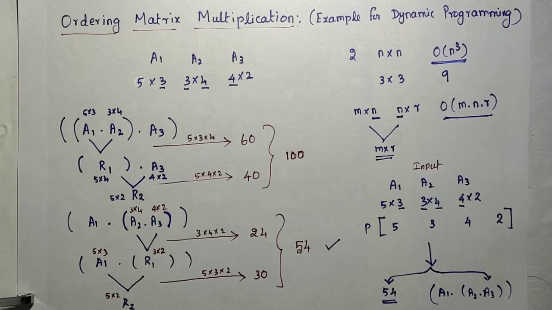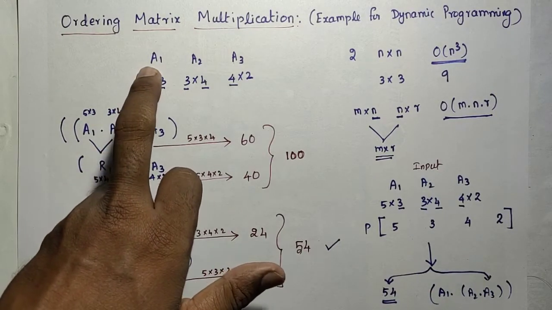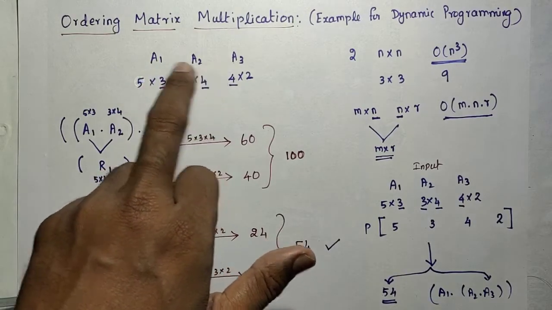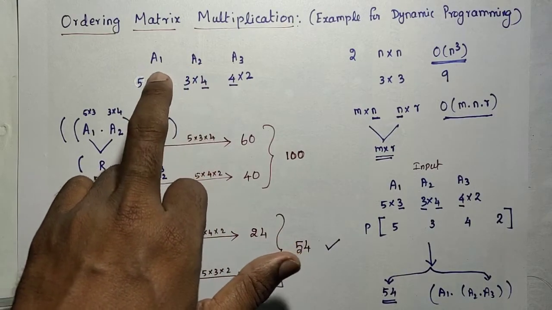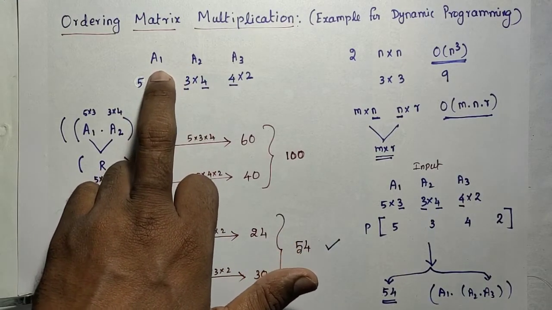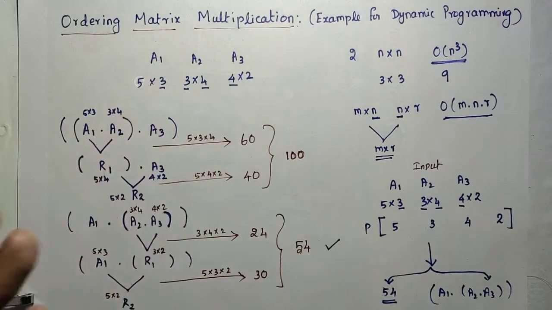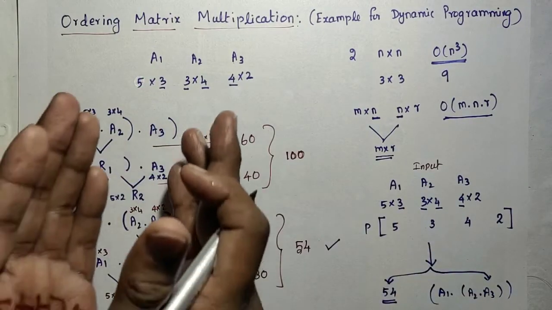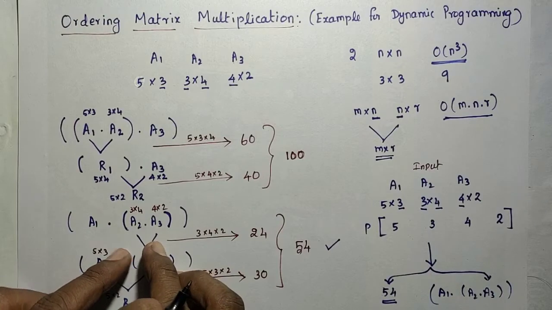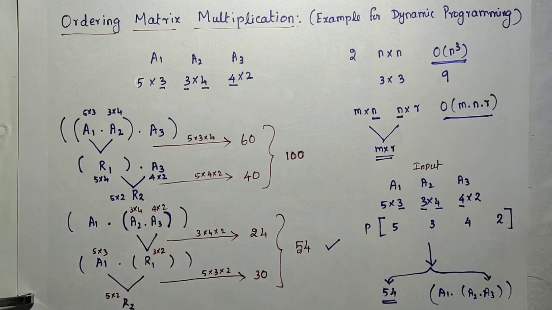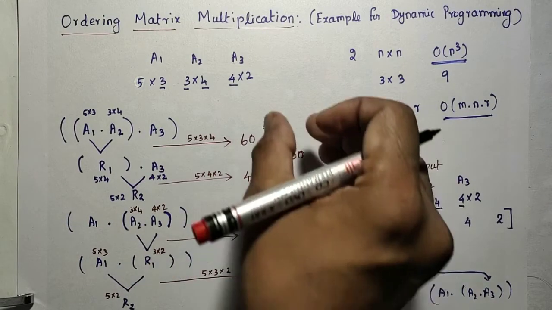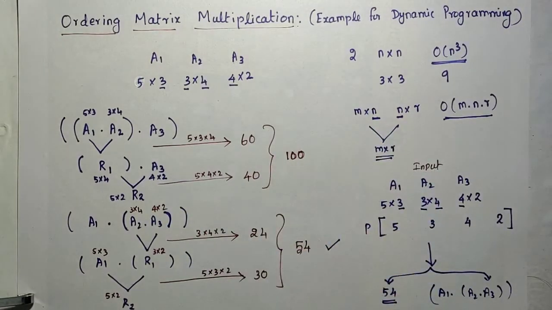Again remember, we are not going to change the order of the matrix positions, only the order of the multiplications. We are just going to put the parentheses: first do this and put the parentheses, then do this. Among these options, we are going to get the best option. That should be the result.